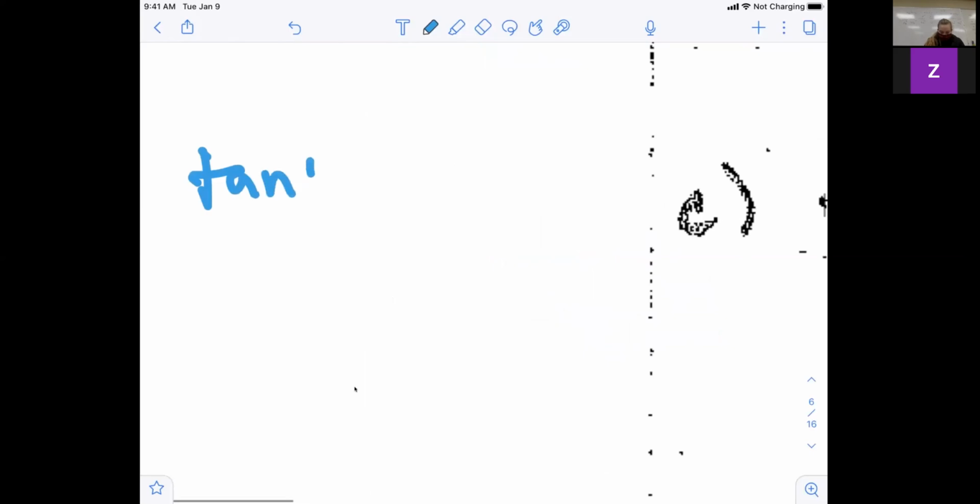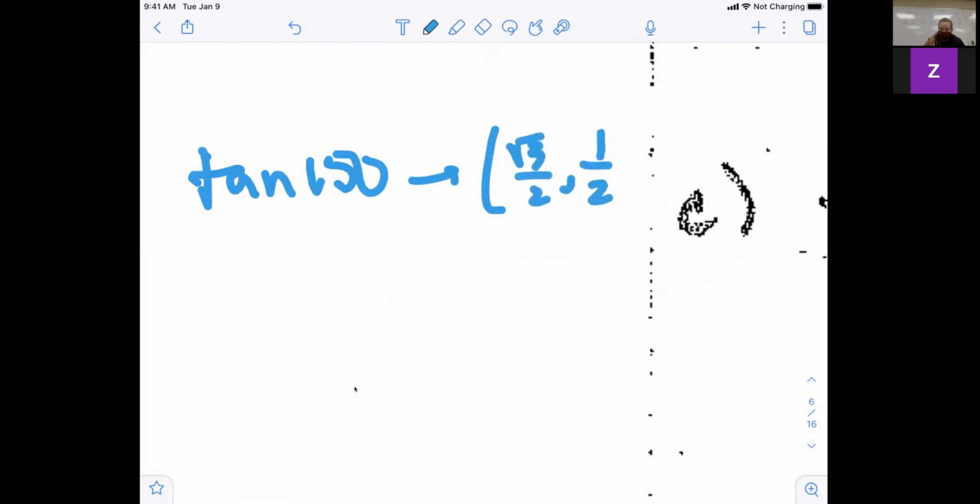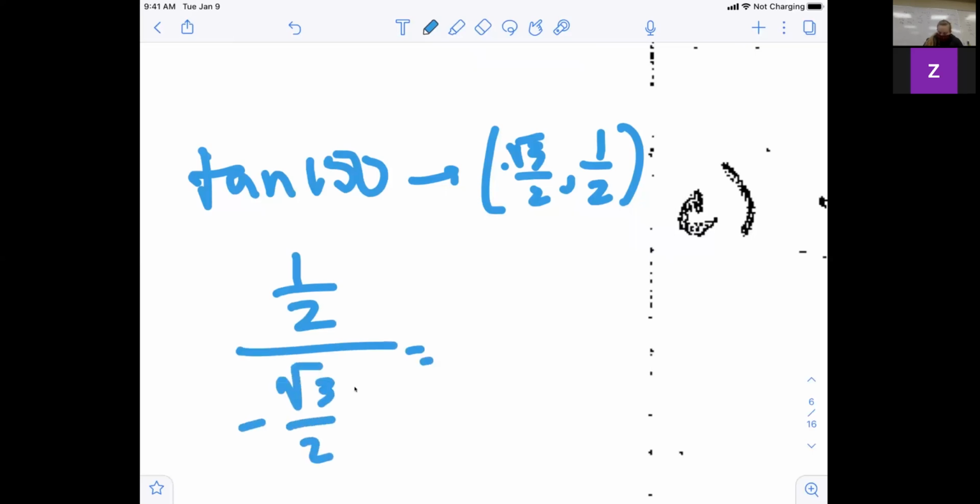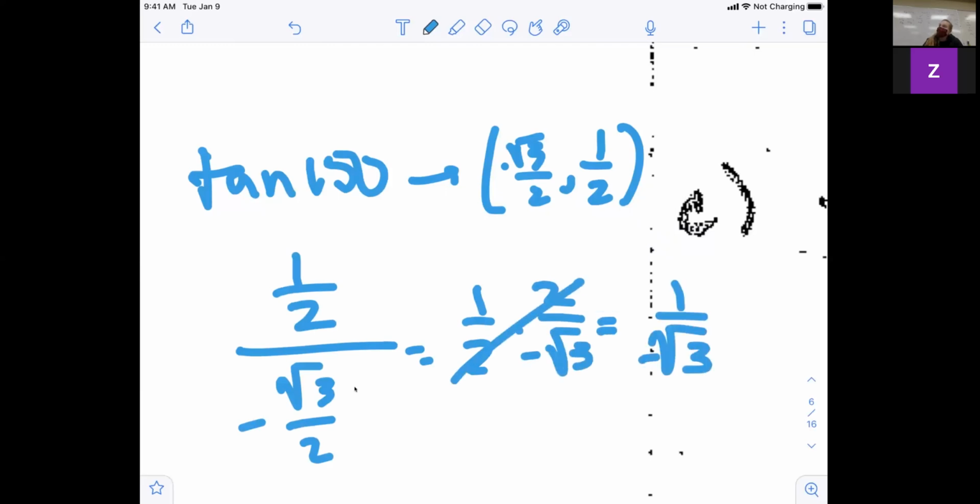If you go to your unit circle, it's a 30-degree angle, so it's negative root 3 over 2 comma 1/2. Is that the point at 150? Good, and then I divide the y over x. If you remember faster than me, maybe you would have already gotten to 1 over negative root 3.